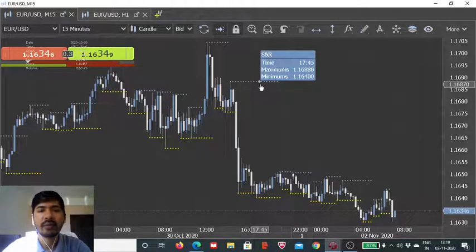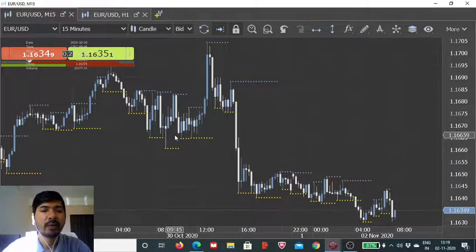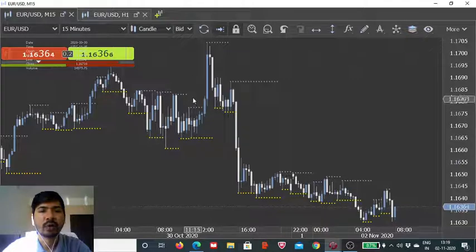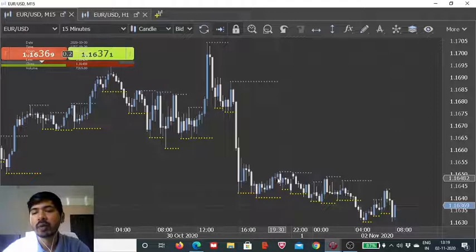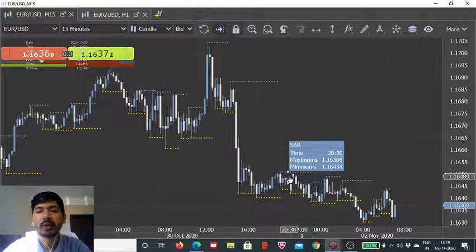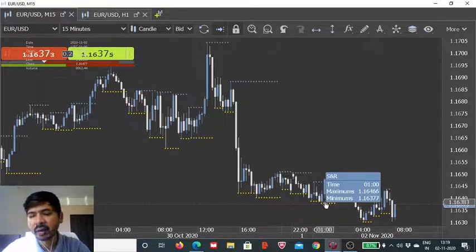As I said, the targets can be kept closer to the opposite level. If we are going for the buy trade, then the target should be closer to the resistance zone, and the stop loss just below the support area. And if we are going for the sell trade, the entry point should be closer to the resistance zone while keeping the stop loss above it, and the target price should be closer to the next support.